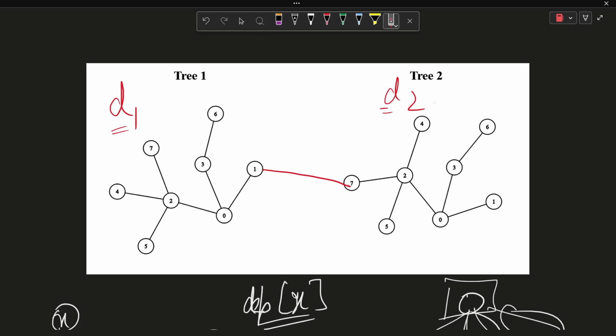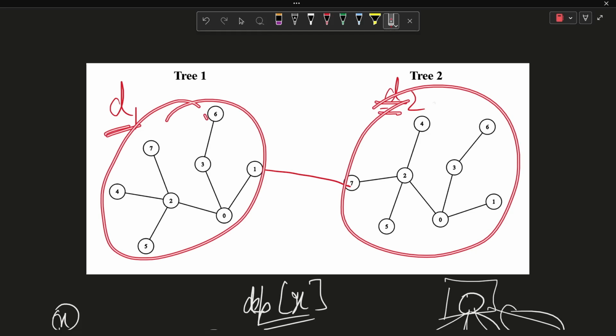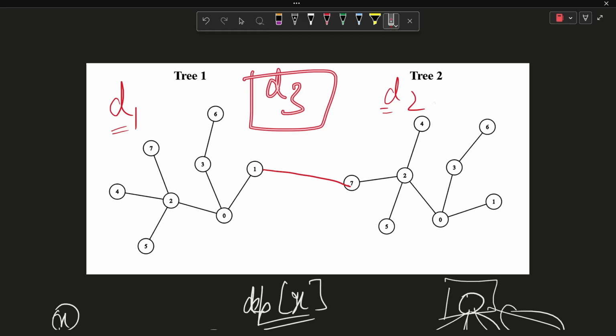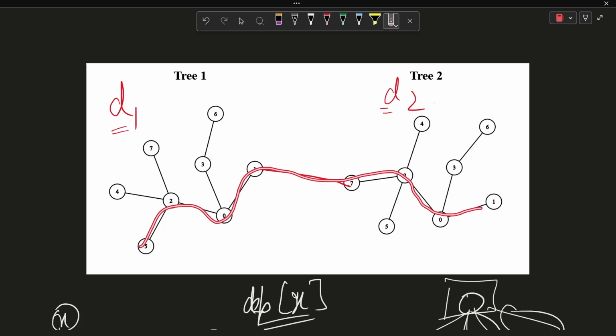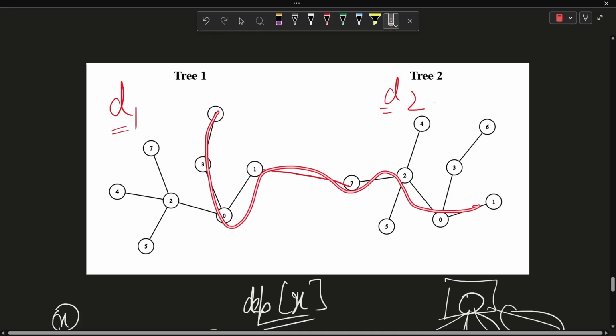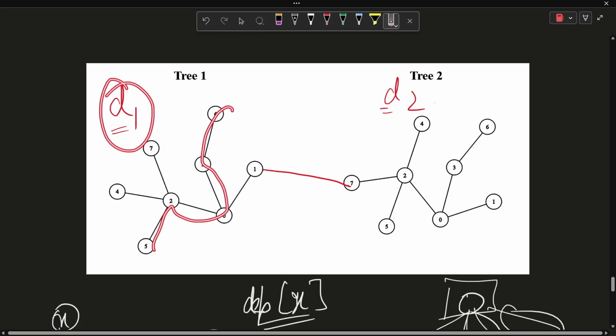Now D1 and D2 are fixed. If we have two trees, they have some diameter, they are fixed. The only thing we can minimize is D3, which is the maximum path passing through both the trees once we have connected two nodes. If a path passes only through tree 1, that is already considered while calculating the diameter of T1.